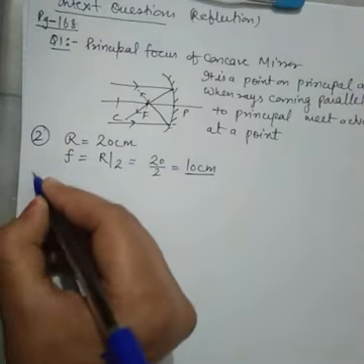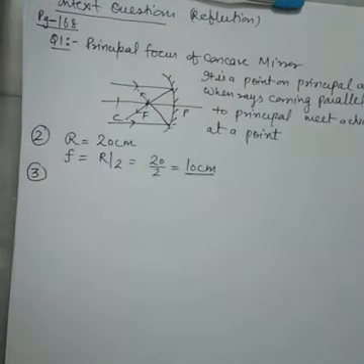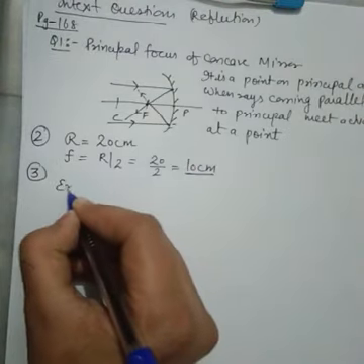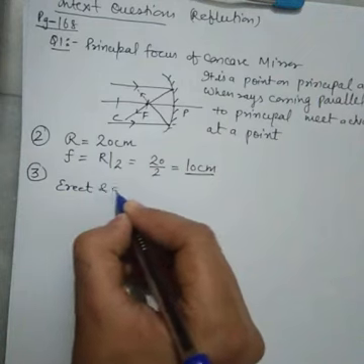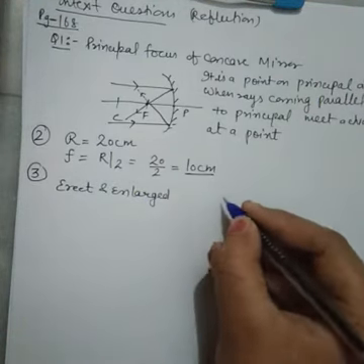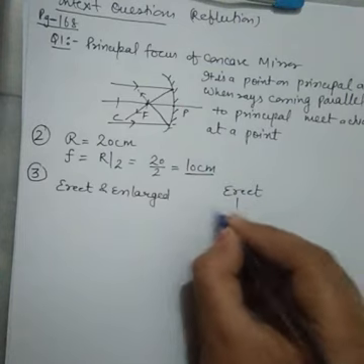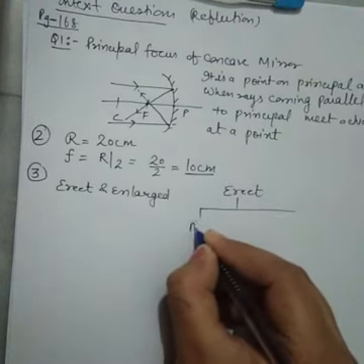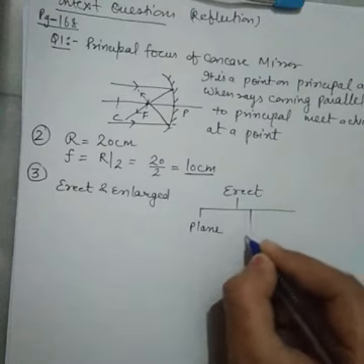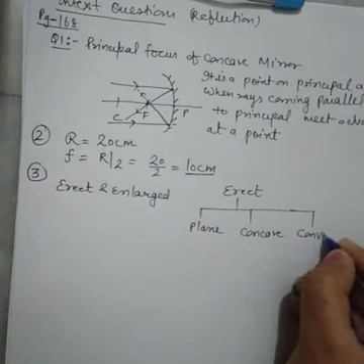Next question, question number 3 of the same page, page number 168, is, name a mirror which can give an erect and enlarged image. Erect image can be produced by plane mirror, concave mirror and convex mirror.